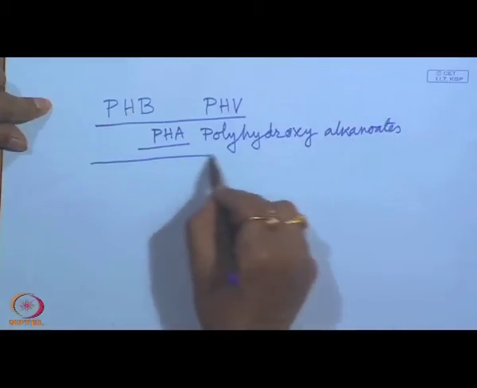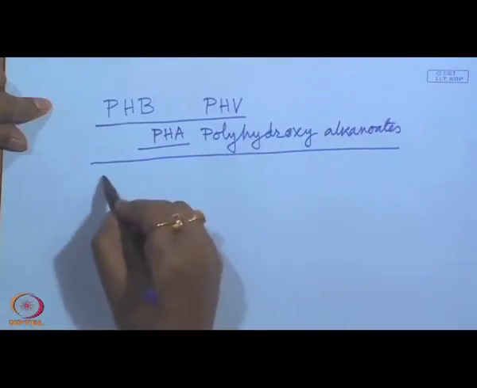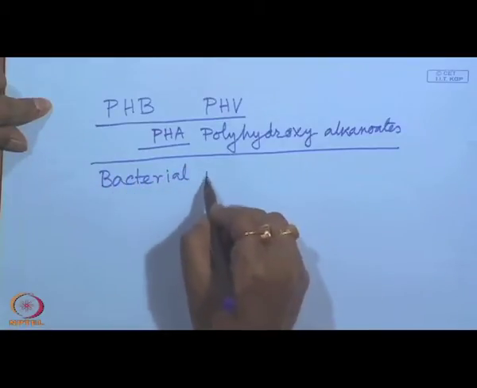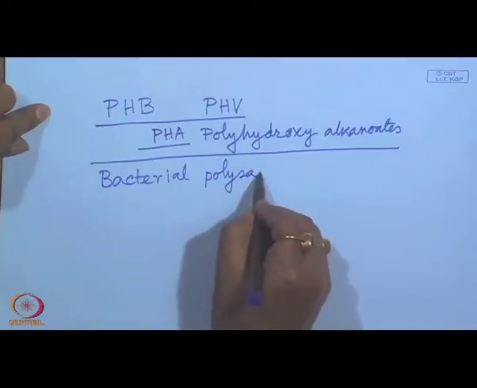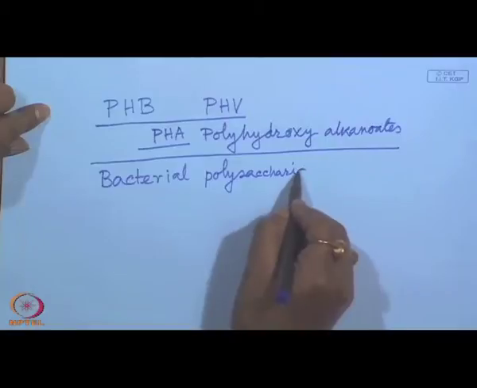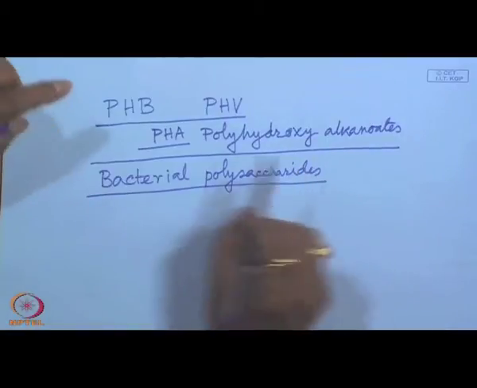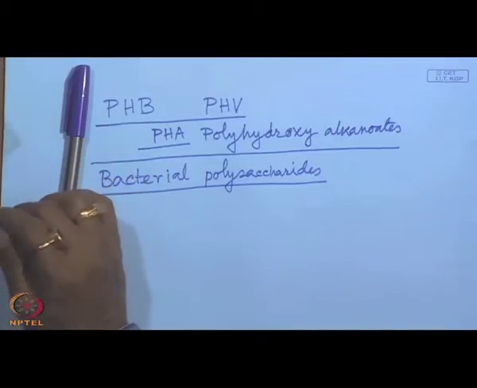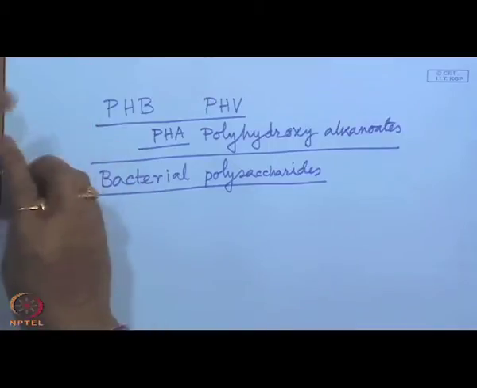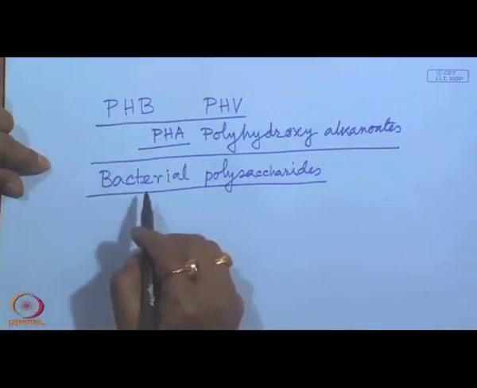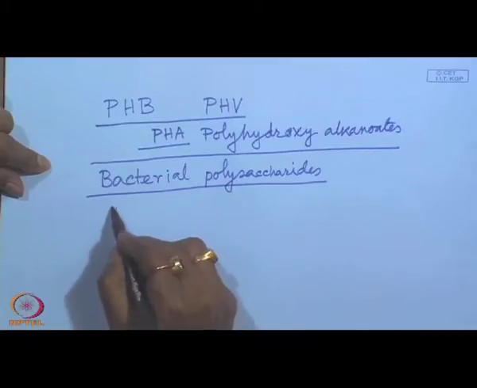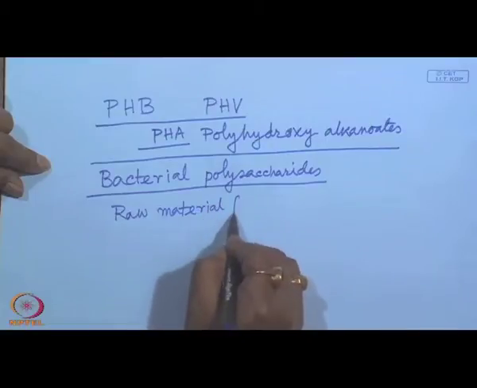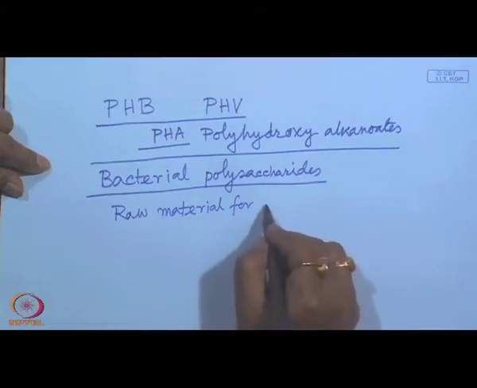Now, these polymers are produced by bacteria. These are called bacterial polysaccharides. These bacterial polysaccharides are made or prepared in cultured condition, and these bacterial polysaccharides are very good raw materials for biomedical application.